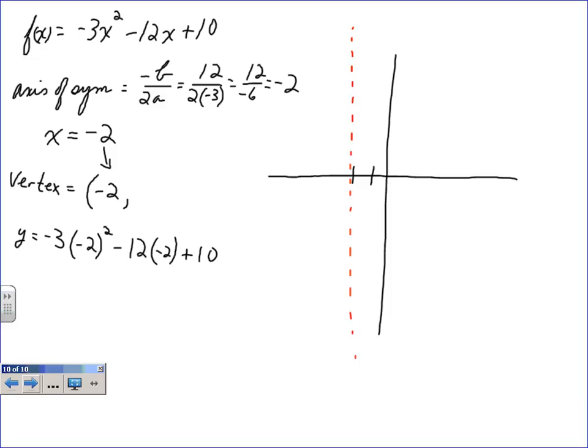Then -12 parentheses, -2, close your parenthesis, plus 10. You can't go wrong if you put that into your calculator the way that it's written. And we're going to get 22. And so my vertex is at -2 and 22.